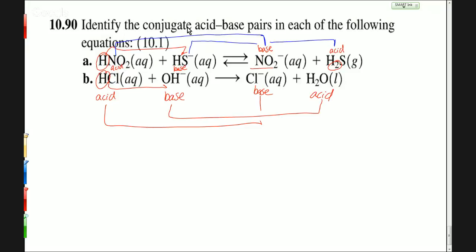On the left side, for instance, on the second one, HCl, we know that molecule is hydrochloric acid, so we can be reasonably certain it's going to act as an acid. That might be another clue there. But looking for that hydrogen will always work.